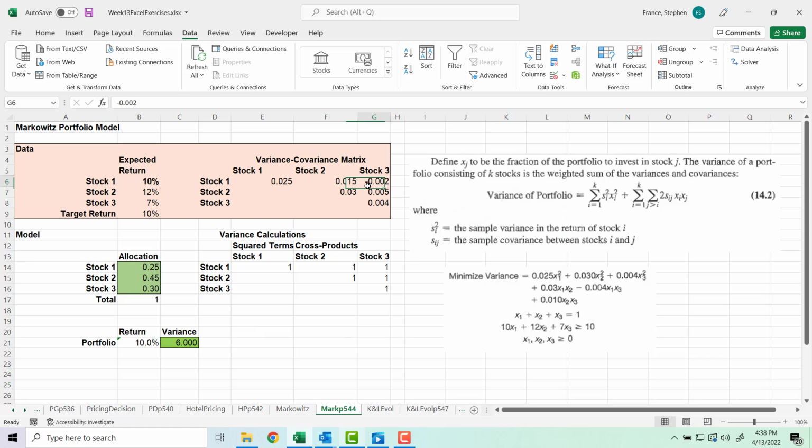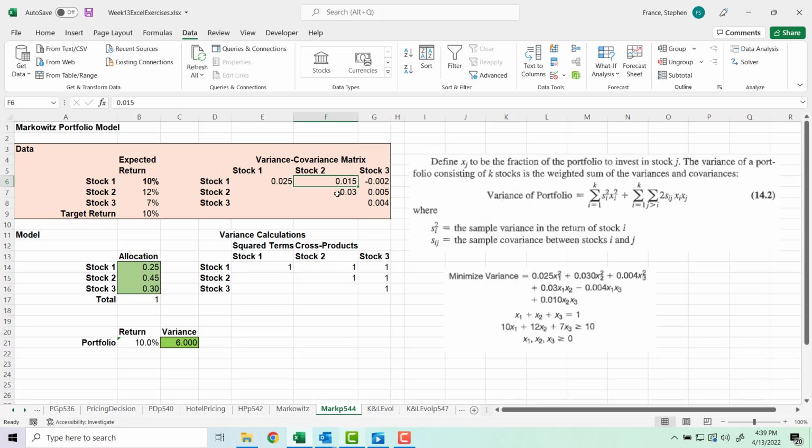I think it's chapter 4 you need to go back to if you want to remind yourselves of what variances and covariances are. But it's literally the amount of variation in the stock. A stock with high variance has a return that is going to fluctuate. You might have very high return one day and very low return the next day. Covariance looks at how two stocks co-occur with each other.